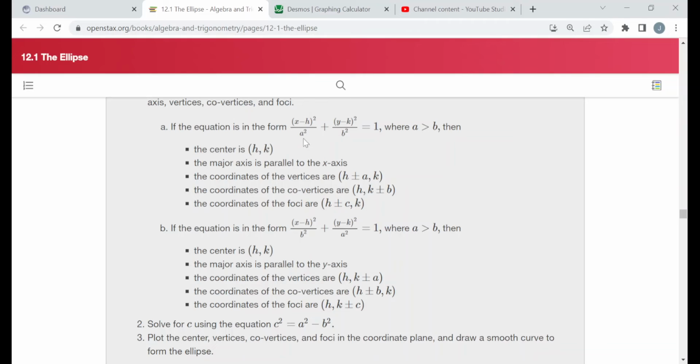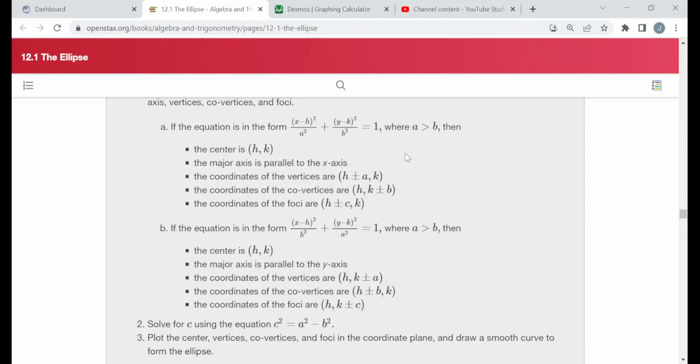We have to know what h is and what k is to identify the center of the ellipse. And remember the letters a, b, and c. a was the distance from the center to a vertex, one of the ends of the major axis. b was the distance from the center to a co-vertex, one of the ends of the minor axis.